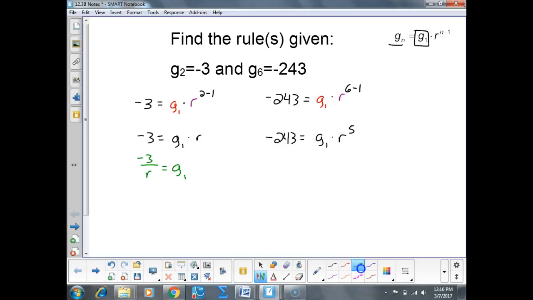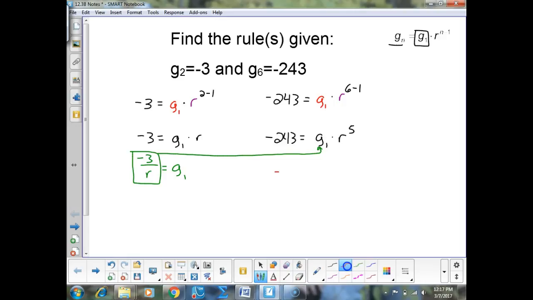Then I take that and I plug that into G sub 1. Okay? So I get negative 243 equals negative 3 divided by R times R to the fifth power.